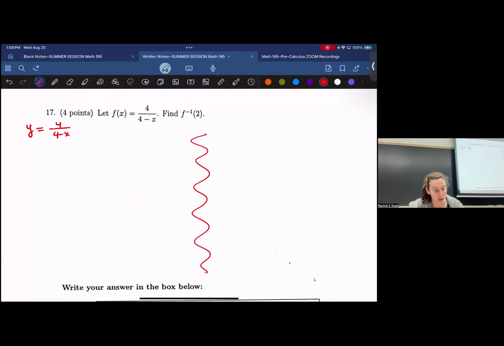We write our function, we switch our x's and y's, and then we solve for our new y. You'll notice that this is the longer way to solve this problem. I'm going to go ahead and use distributive property.